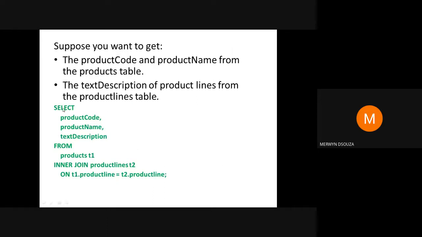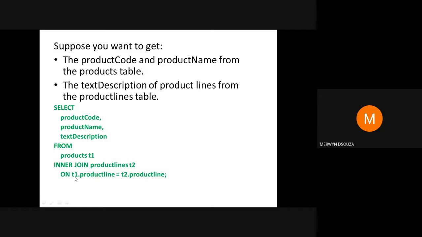This is the way we are going to do it. SELECT product code, product name, and the text description columns. These are the columns that I want from the name of the first table, products. Give an alias to that, T1, the alias for the products table. INNER JOIN the name of the second table, product lines, give an alias T2, ON the condition for the join.